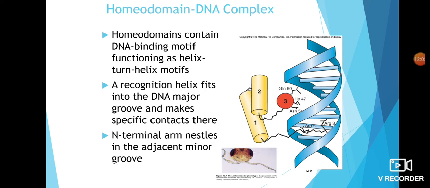A recognition helix fits into the DNA major groove and makes specific contact there. There are helices 1 to 3. Helix 3 is the specific module which interacts in the major groove, and the N-terminal arm nestles in the adjacent minor groove. So you can see from that structure another arm which goes inside the adjacent minor groove.